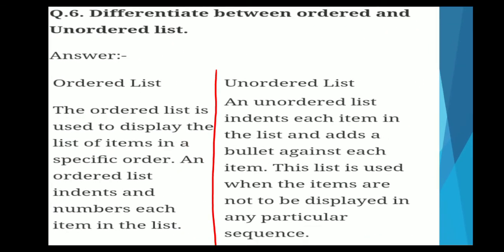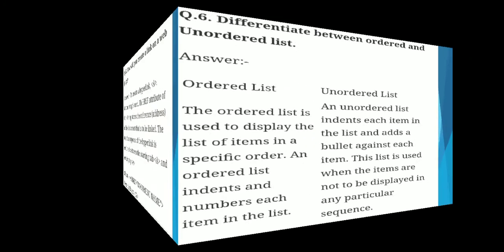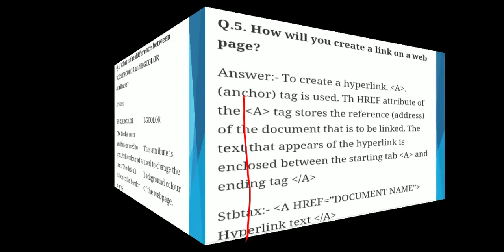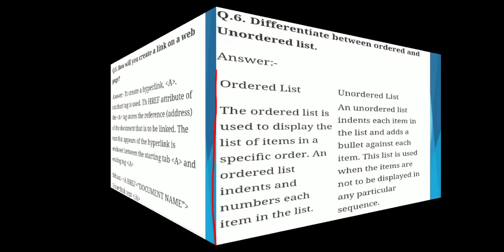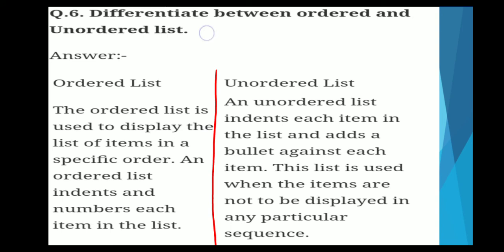Question number 6. Differentiate between ordered and unordered lists. The ordered list is used to display the items in a specific order, and it indents and numbers each item in the list.